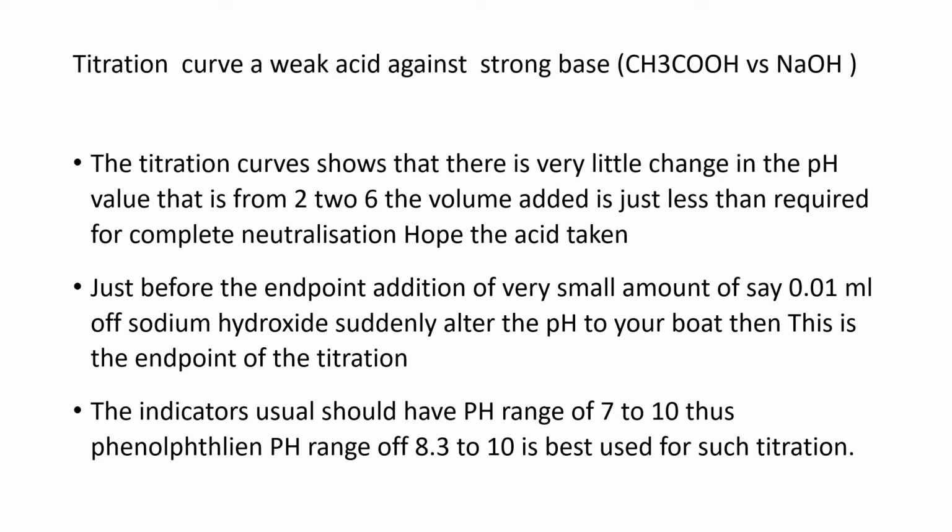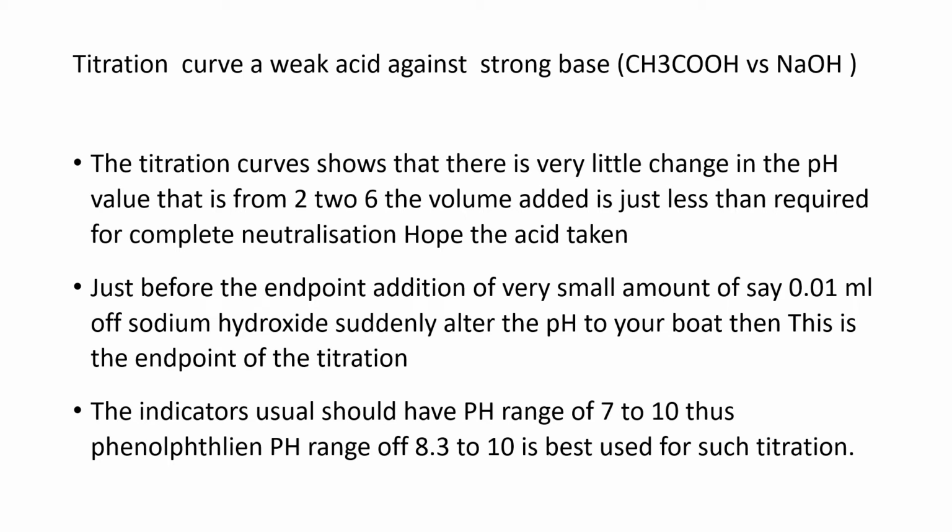Just before the end point, addition of a very small amount of 0.01 ml of sodium hydroxide suddenly alters the pH, and this is the end point of the titration.